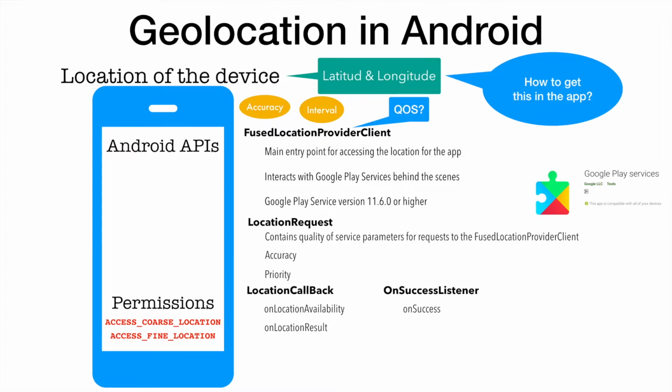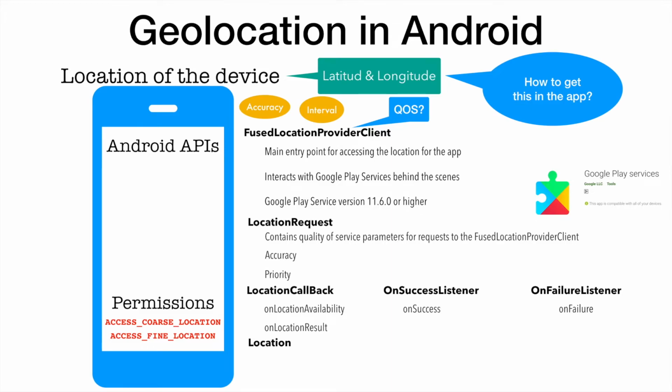And then you have OnFailureListener with the method onFailure, which basically tells why the application failed to get the location, so that on these callbacks you can take an appropriate action, which could be like showing an appropriate message to the end user. The final aspect is how the locations are being reported. For that, we have another API called Location.